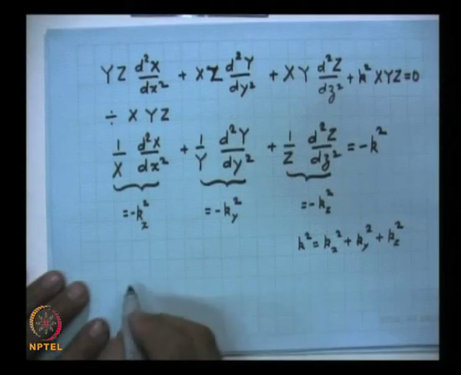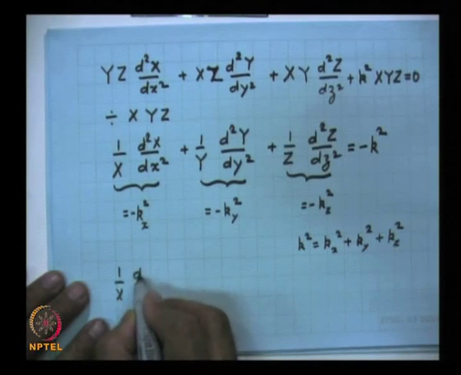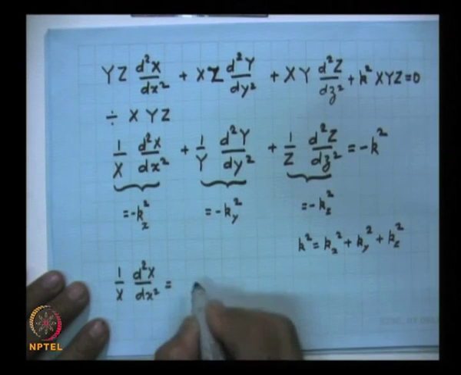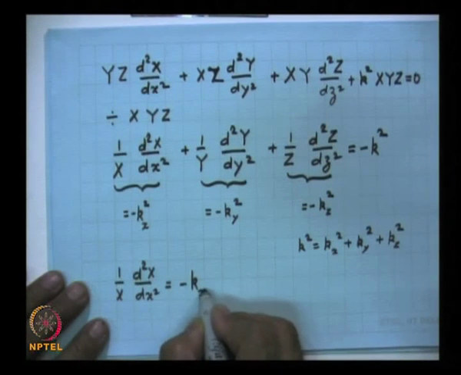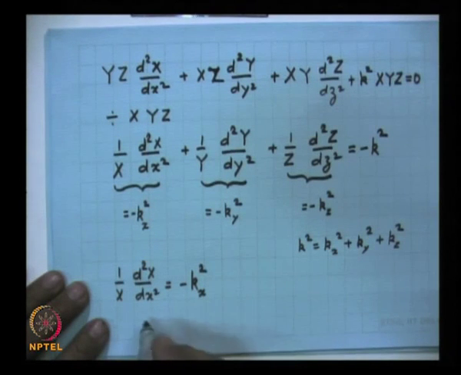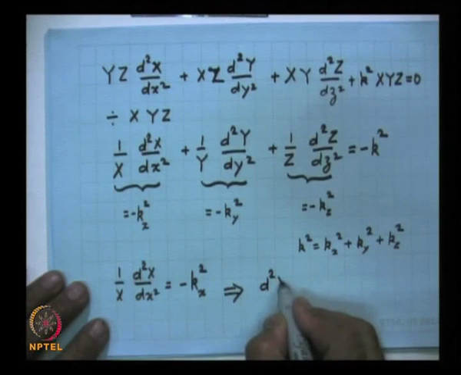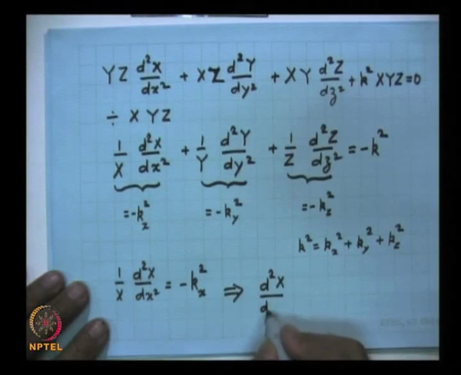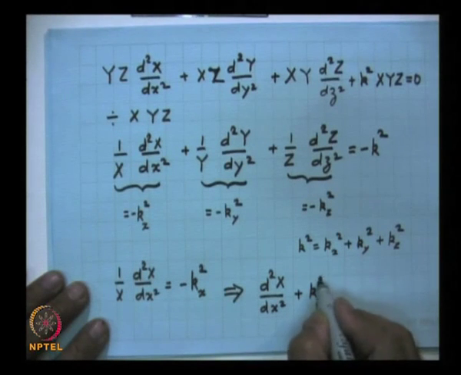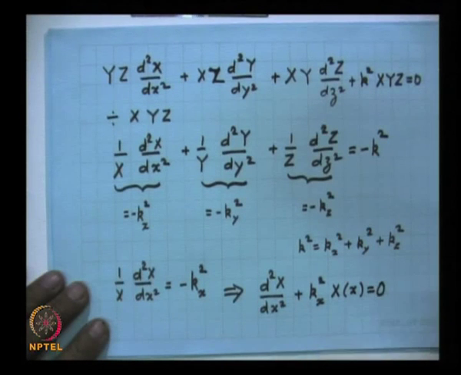So, let me write down this equation. 1 over X d2X by dx square, I have set this equal to minus of a constant, I have set this equal to k x square. So, if I multiply this out, this will become d2X by dx square plus k x square times X of x is equal to 0.